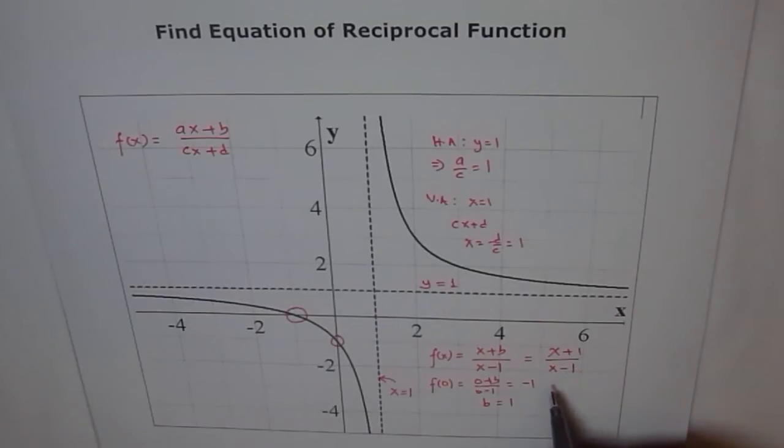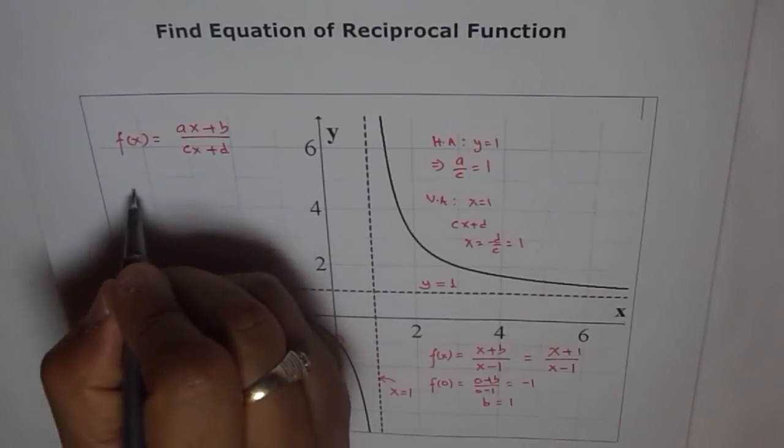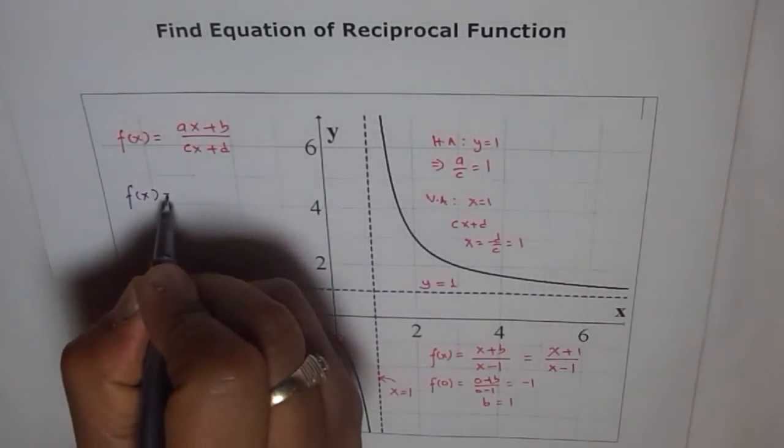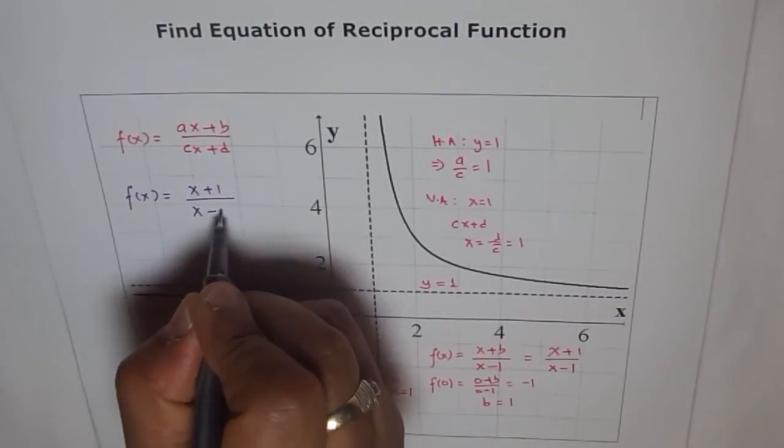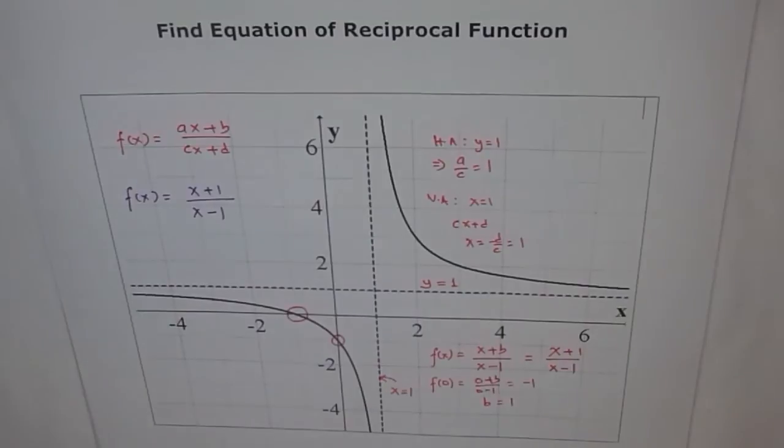That seems to be just a perfect solution for this. Therefore, safely, we can now write our solution of the reciprocal function as f(x) = (x + 1) / (x − 1). I hope you understand how we did it.